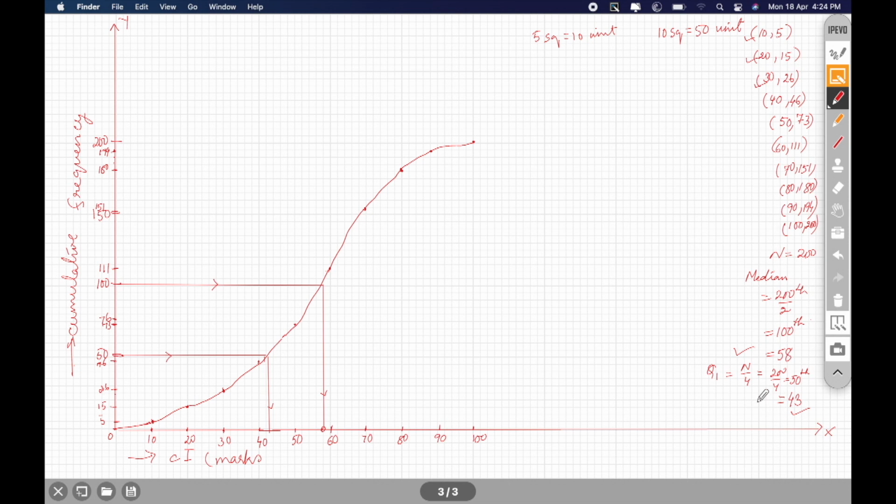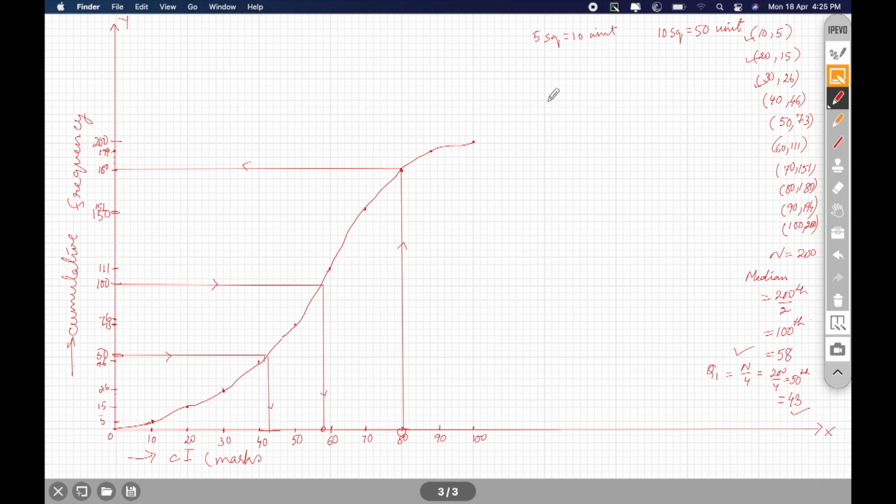We also have to find the number of students who obtained more than 80% marks. So 80% marks, 80 marks is here in the x-axis. So from the x-axis we will draw a line parallel to the y-axis touching the ogive at a point here, and we know with 80 we had plotted 180, so it is 180 students. We have 180 students here against 80%.